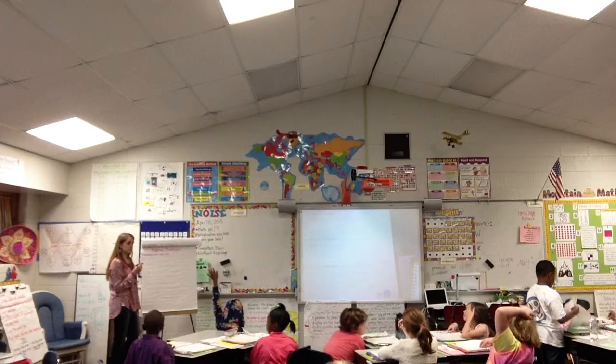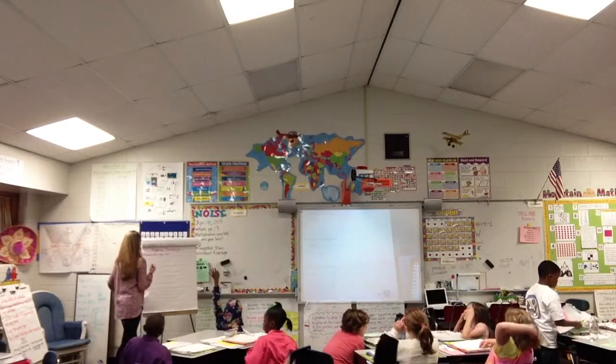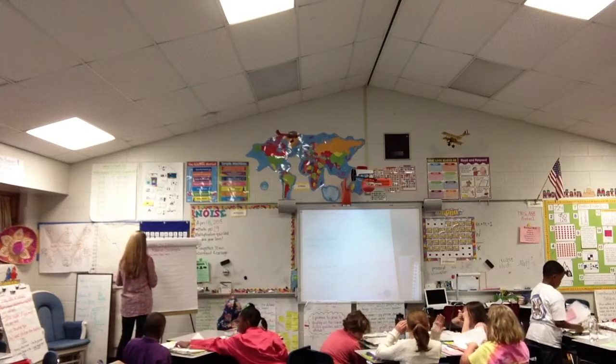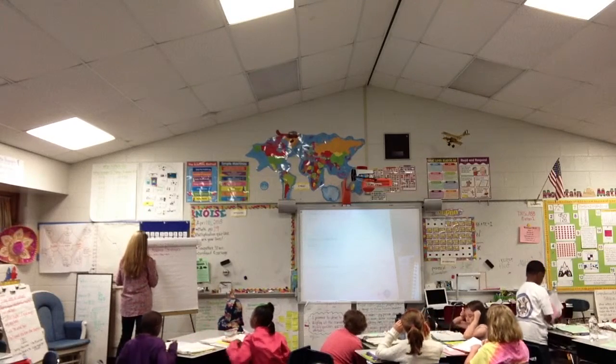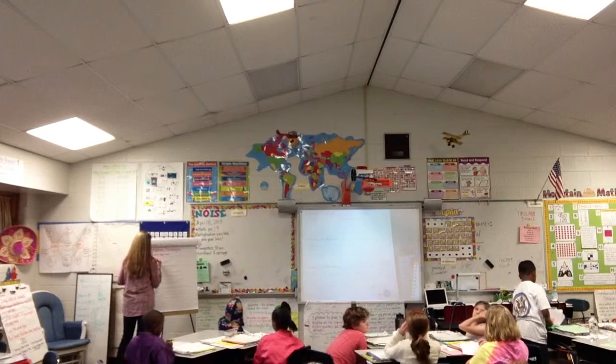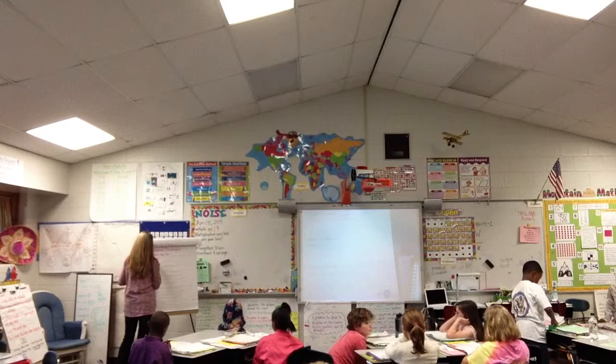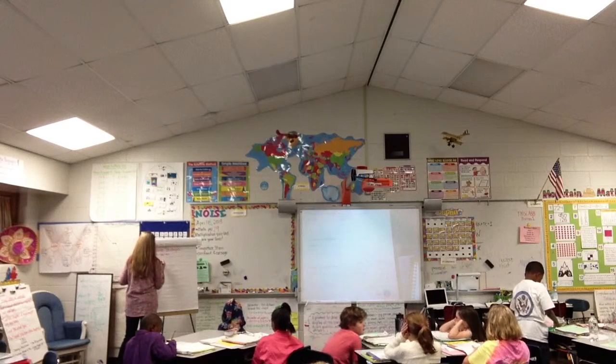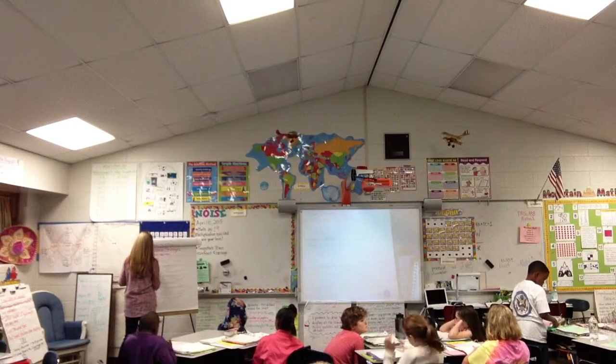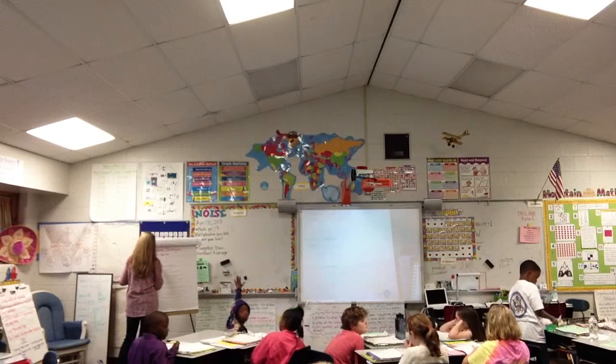I did 60 plus 40 equals 100. Okay. Then 100 plus 80 is 180. Then 200 plus 300 plus 400 equals 900. Then I just added all 3 of those together.